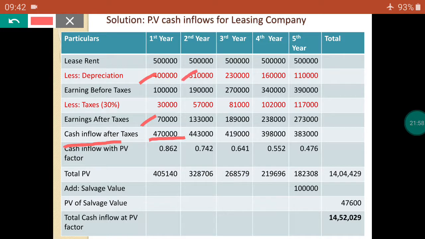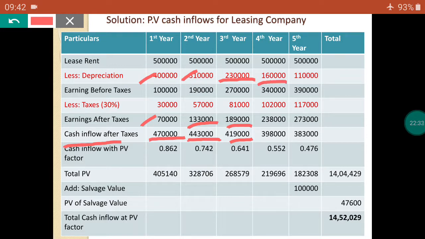Second year, depreciation is 3,10,000 rupees, add EAT of second year, 1,33,000 rupees, and the total is 4,43,000 rupees. Next, third year, depreciation is 2,30,000 rupees, add earnings after taxes 1,89,000 rupees. Total cash inflow after taxes is 4,19,000 rupees.